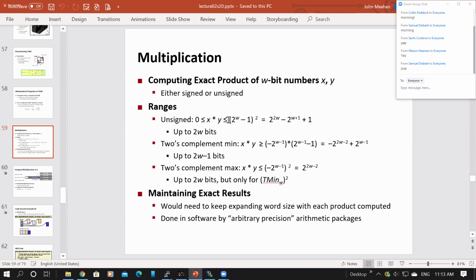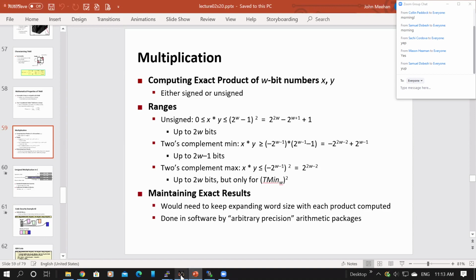But it'll be less than or equal to what? Well, 2 to the w minus 1 would be the biggest number we could possibly put in w bits as an unsigned. And so the range of possible results would be up to 2 to the w minus 1, squared.